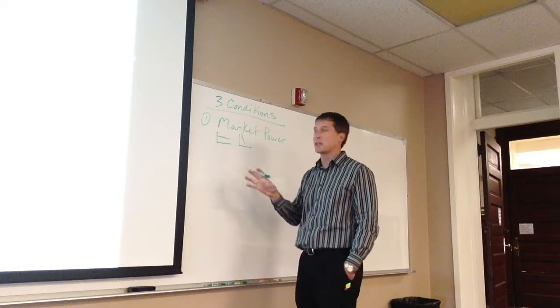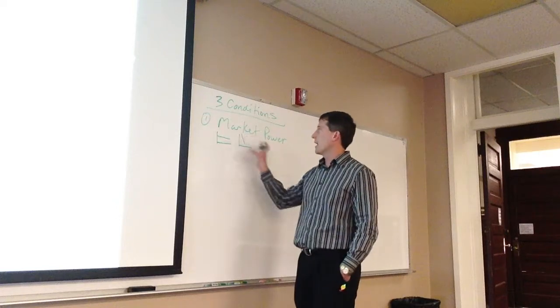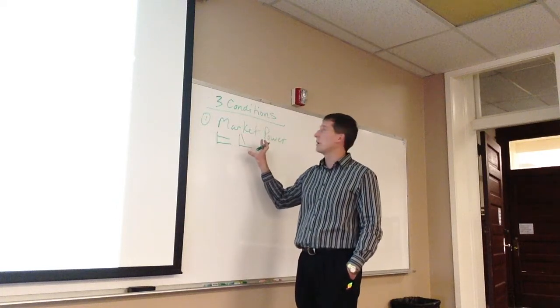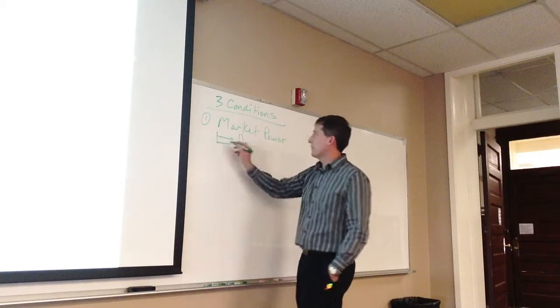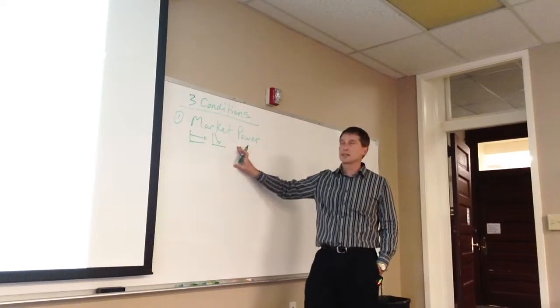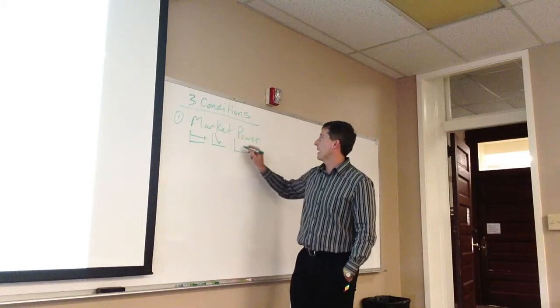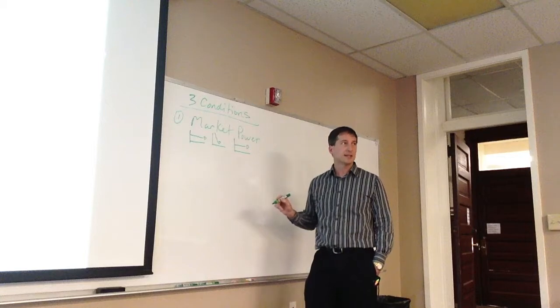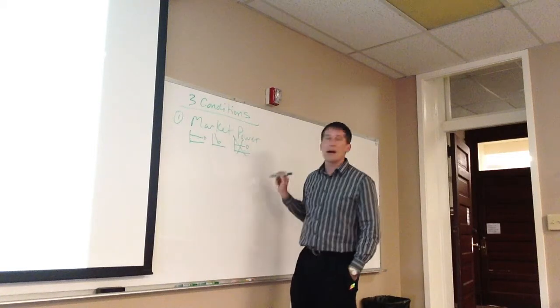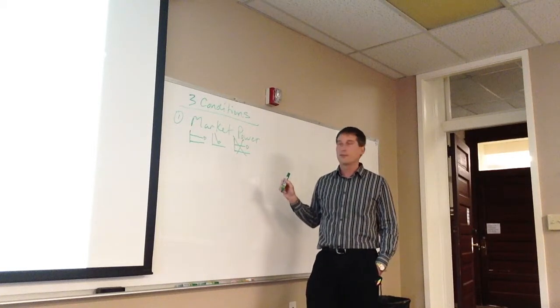So it could be monopolistic competition or oligopoly, but you have some sort of market power there. And so the demand curve could look like any of those, but as long as it's downward sloping, remember that it's perfect competition that has the perfectly elastic demand curve, and that's not the case we're talking about here.